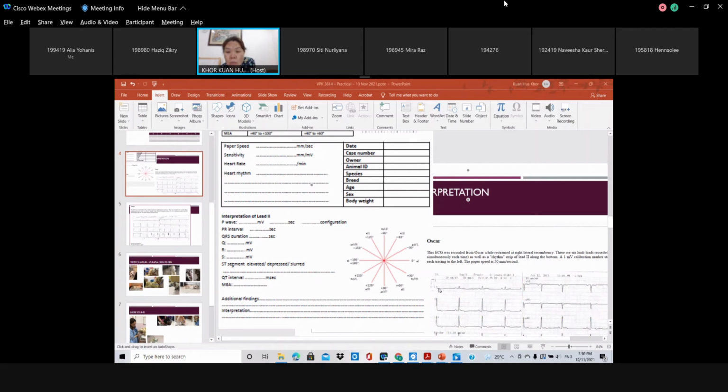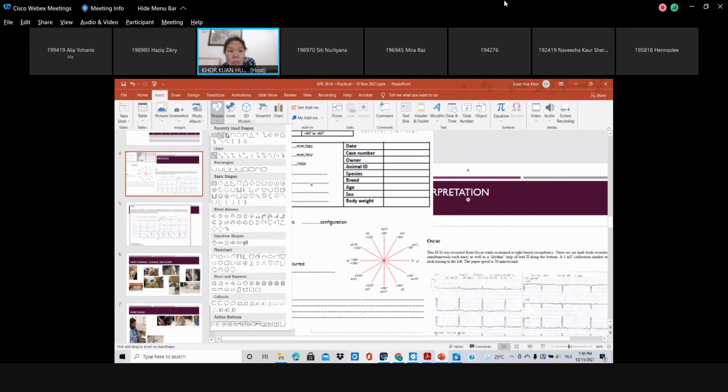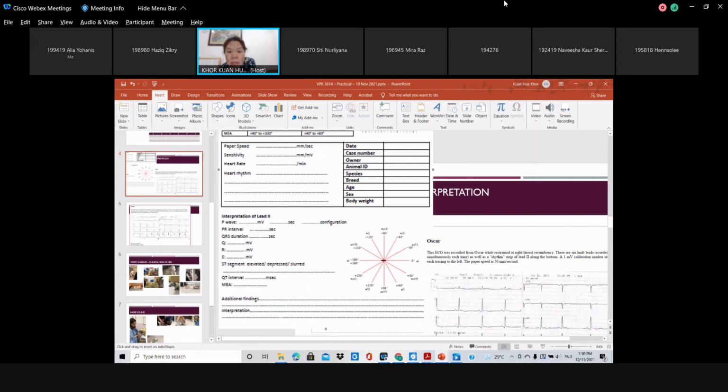So if it's lead 1, perpendicular to lead 1 is AVF, correct? 90 degrees. So theoretically, if you use that method, then your lead 2 should be going down here.